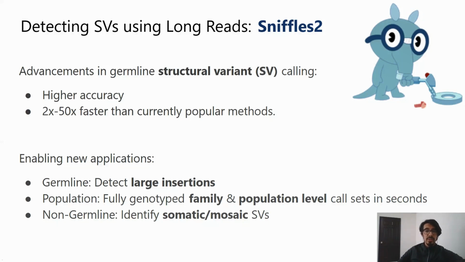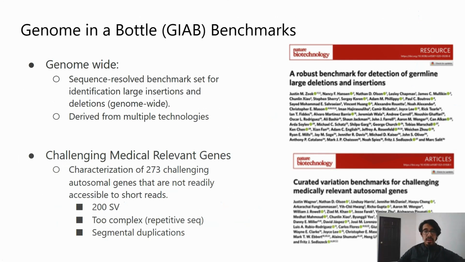So first, in order to test Sniffles 2 improvement on germline calling, we make use of the two Genome in a Bottle benchmark datasets. These datasets are structural variant truth datasets that were compiled by manual curation using multiple sequencing technologies. We use these benchmark datasets to first assess the performance of Sniffles 2, and second, to compare Sniffles 2 to other available tools, including Sniffles 1.